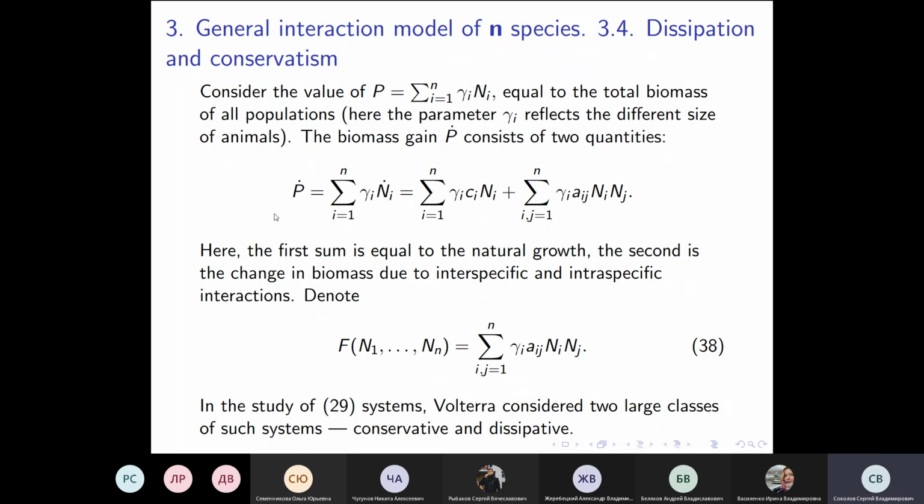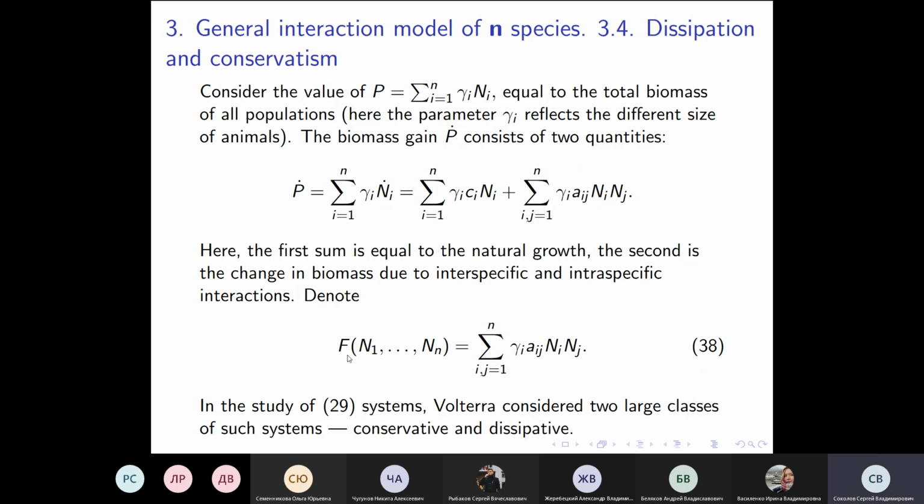We calculate the derivative of P, and we see that there is a linear sum and a quadratic sum. So let us focus on this last part.